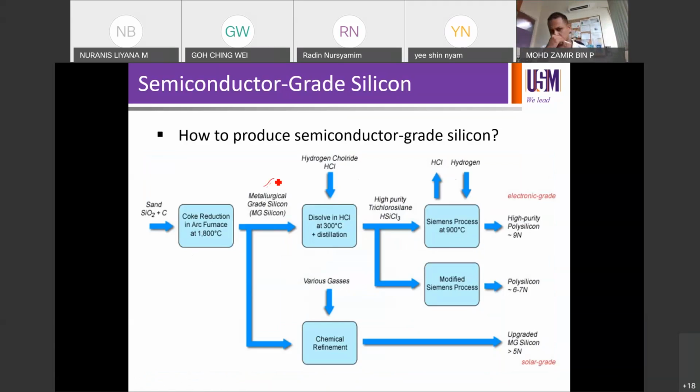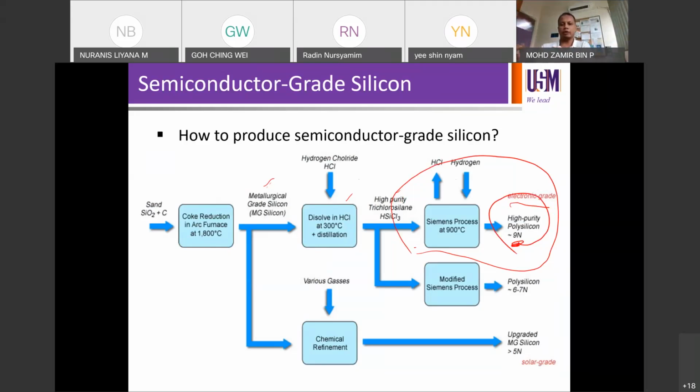Then it'll be reacted with HCl, dissolved in HCl plus a distillation process, to produce trichlorosilane, and then it will go through the Siemens process, which is this one, the key and most important process, at 900, and then it will produce 9N high quality, high purity polysilicon of electronic grade. So the output from the third row just now is 9N electronic grade polysilicon chunks, right? Polysilicon chunks.